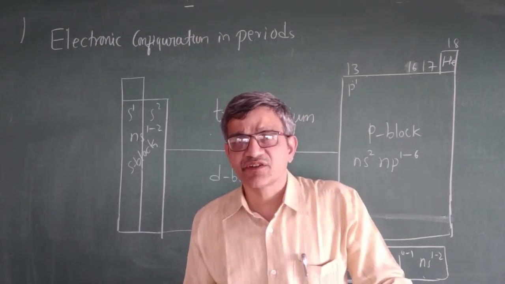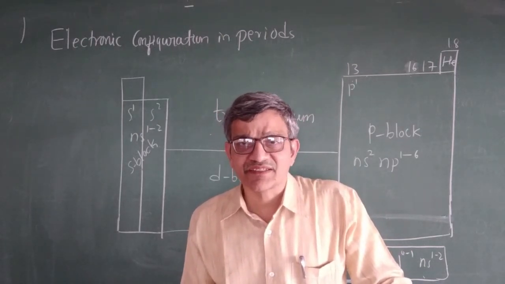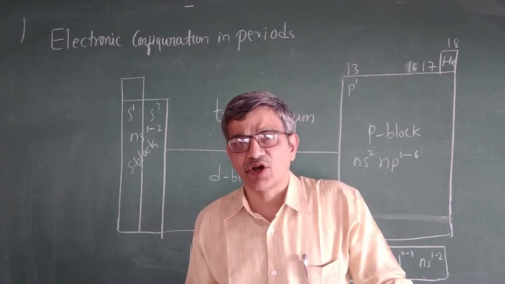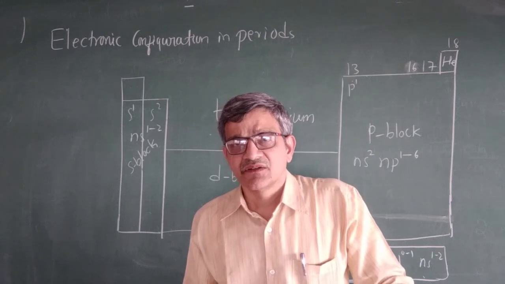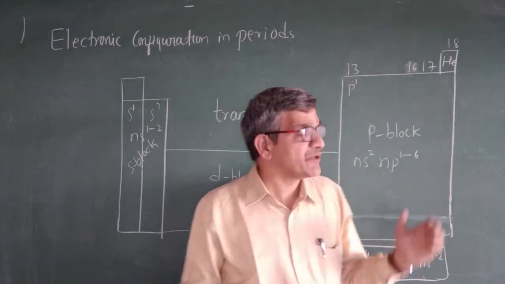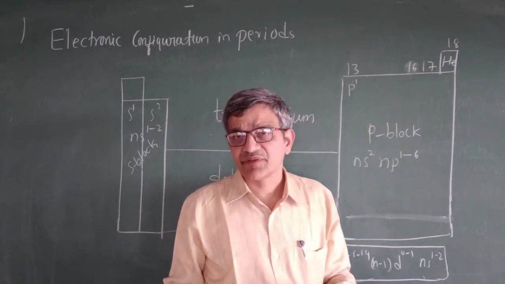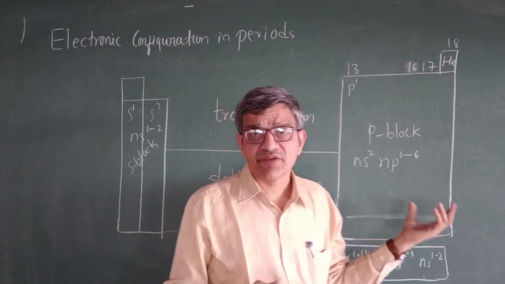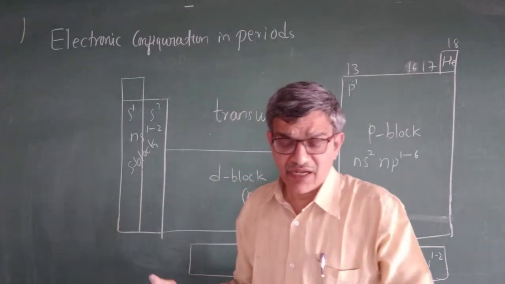Metalloids have properties in between metals and non-metals. Non-metals we find in the p block. What are the trends and how they vary, we are going to discuss in our next class.